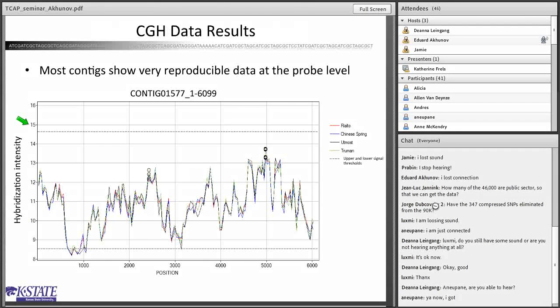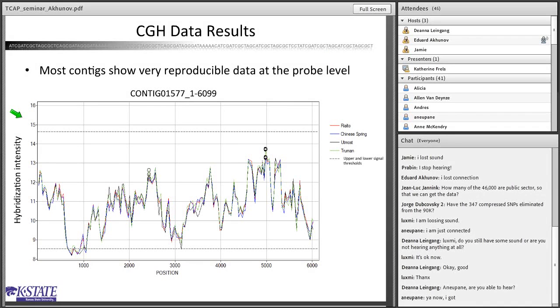And just the first results that were obtained from the NimbleGen company show that the efficiency of hybridization of the probes that are targeting genic sequences in the wheat genome is quite good. So these are the results of comparative genomic hybridization of 4 accessions of wheat: Rialto, Chinese Spring, Utmost, and Truman.